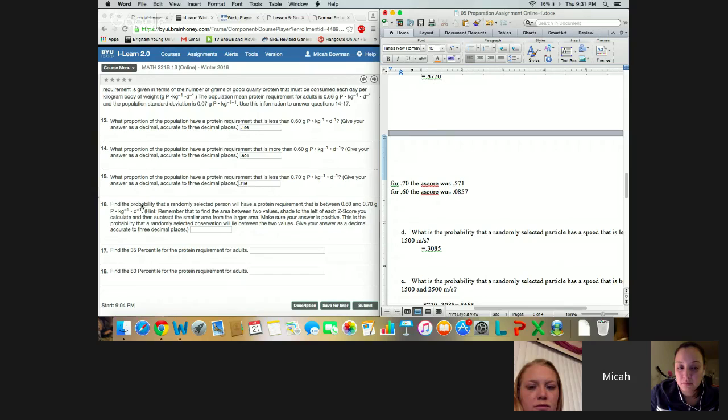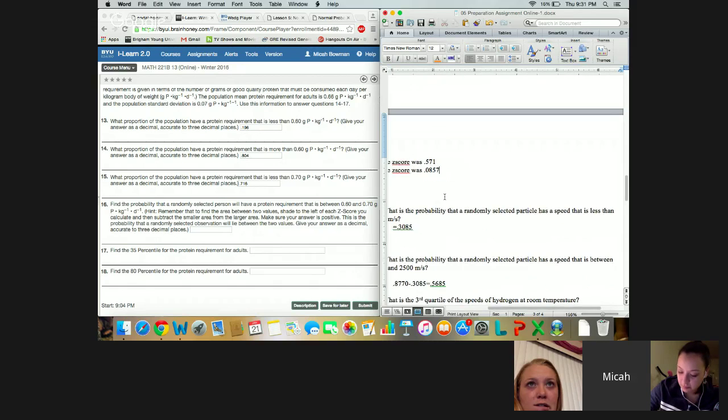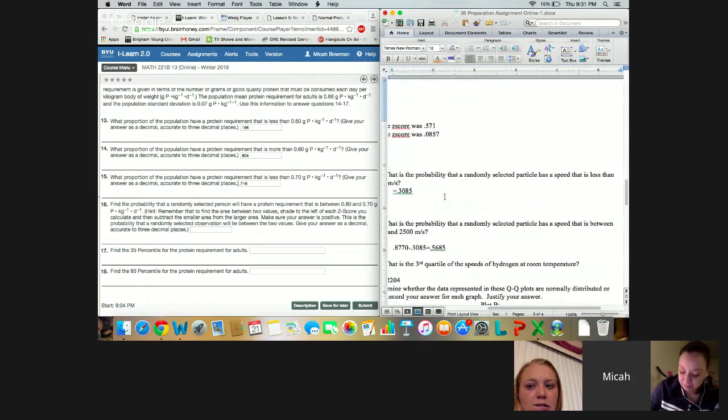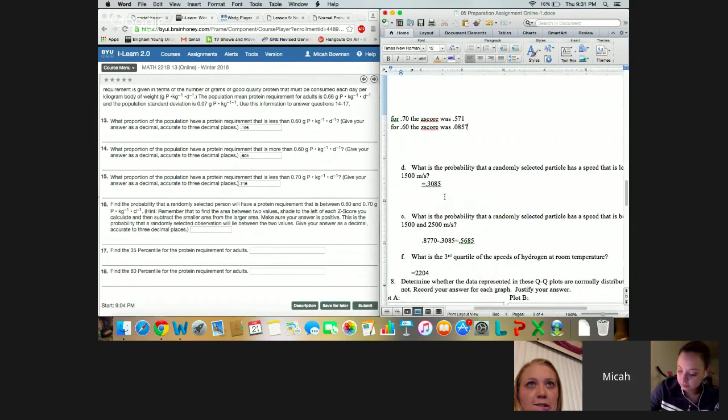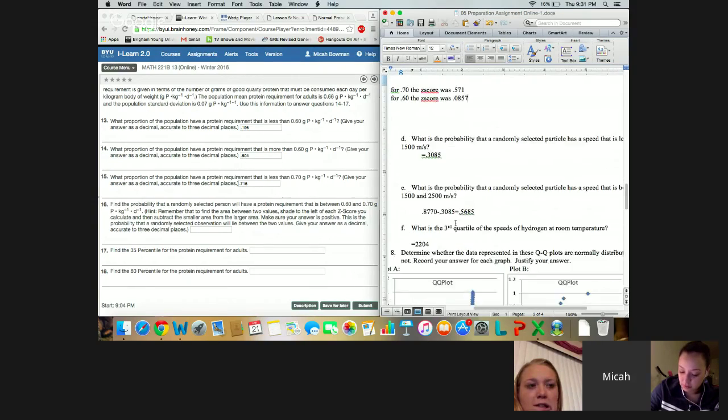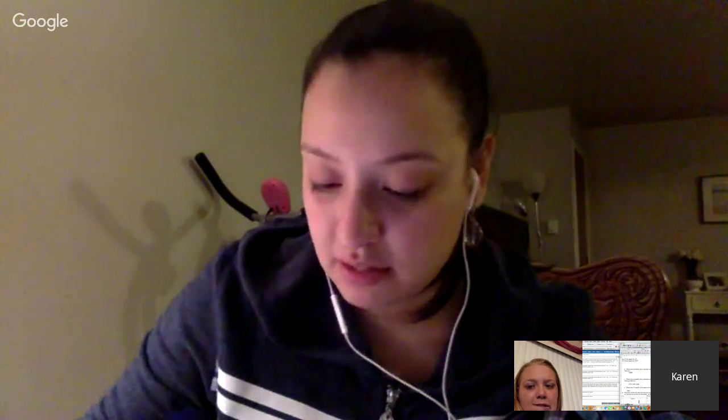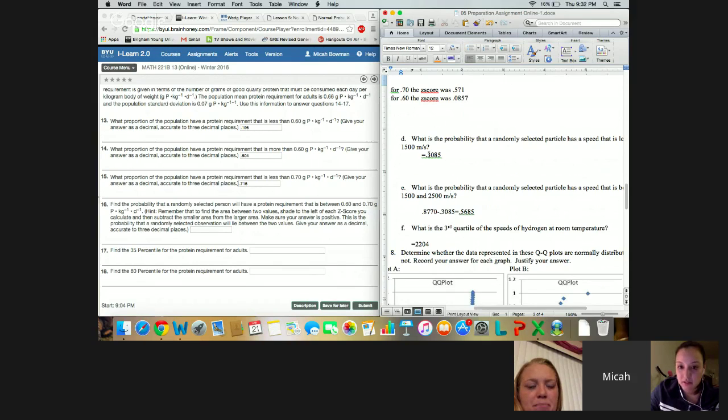What is the probability that a randomly selected person will have a protein requirement that is between those two? Did you just get rid of the negative on the 0.857? Oh, I forgot. Let me think for a second.